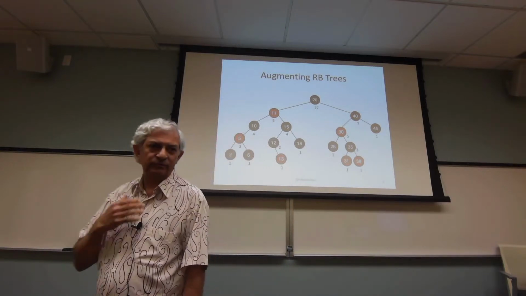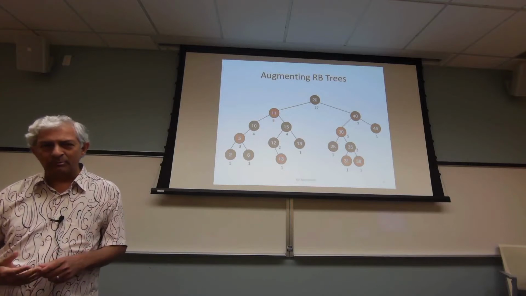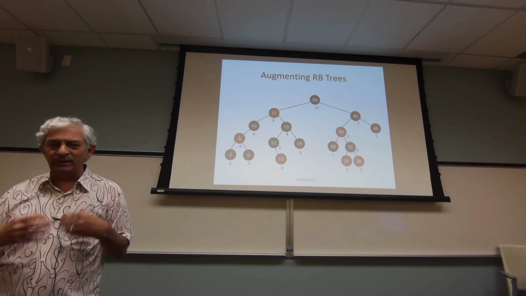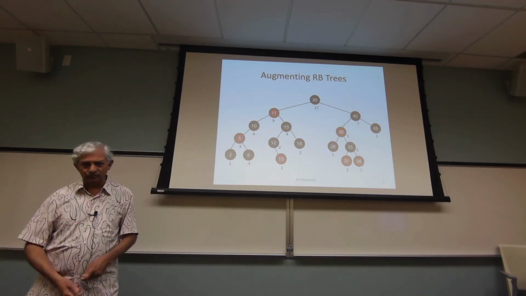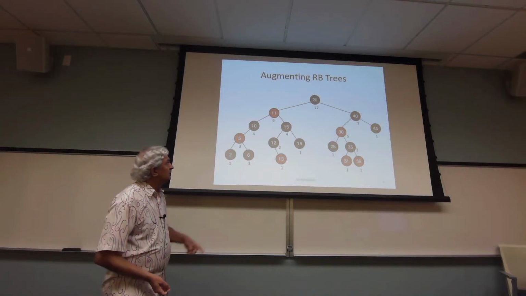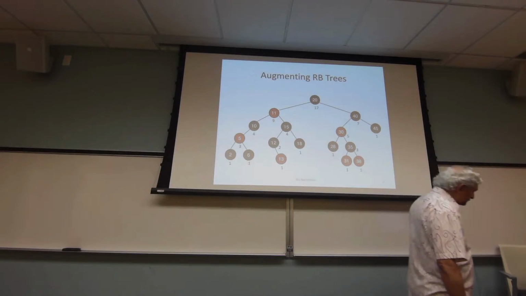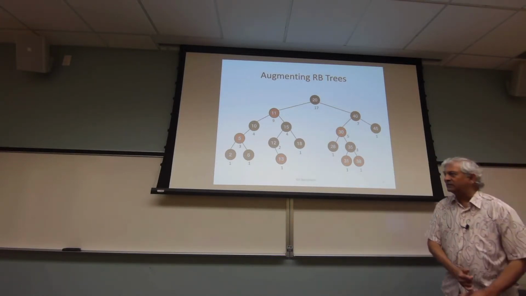In general, if you want to speed up more and more operations, you have to add more information to the tree, make it richer in order to be able to answer some of these queries as quickly as possible. So the first thing that people have tried is to augment each of these nodes with what is called size information.